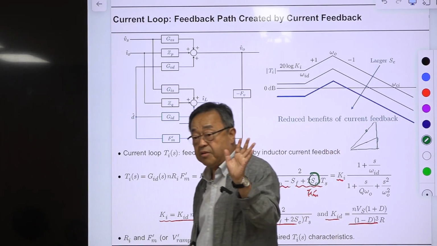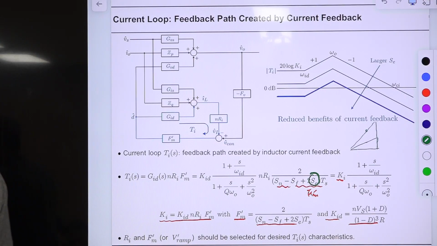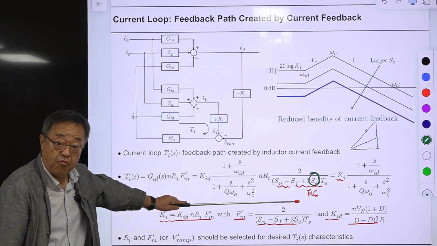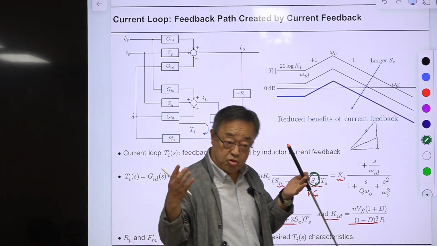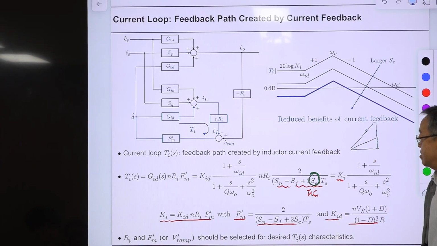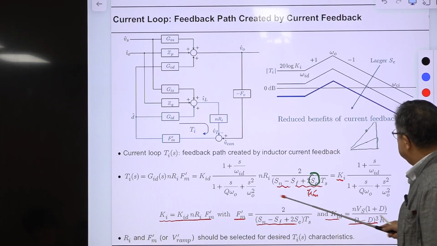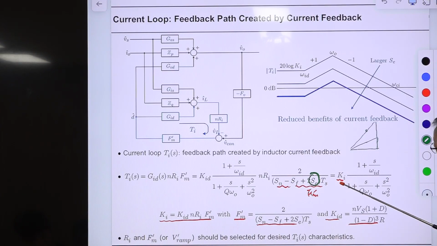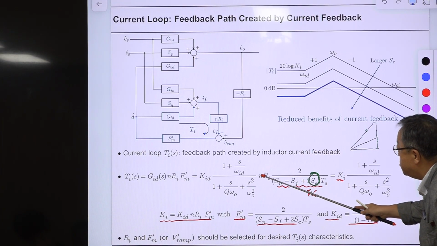There are many things, but everything is already fixed. There is a standard procedure for developing this. One step of some academic interest is the selection of this. Whatever you do in current mode control, the only thing you can play with is selecting this. This one is fixed. If you want to change Ki, you can change this.